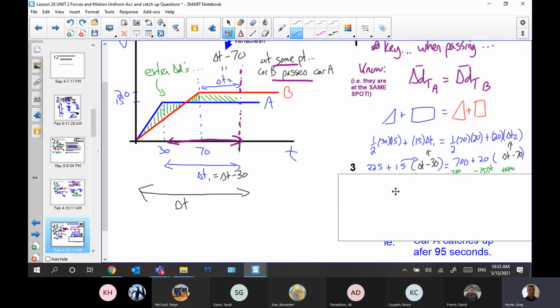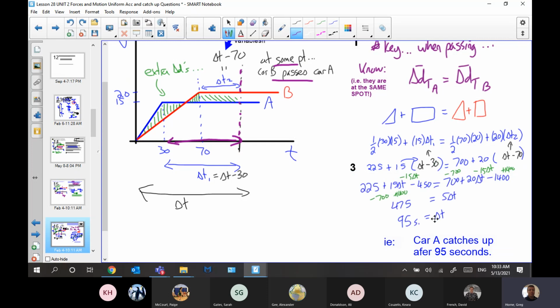So we've got an equation with only one unknown, delta t, and algebra is your friend if you're on good terms with it. You calculate a number and get 95 seconds. Therefore, car A catches up after 95 seconds. Catch-up question. Boom.